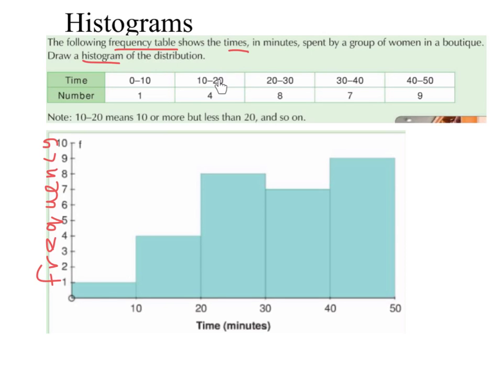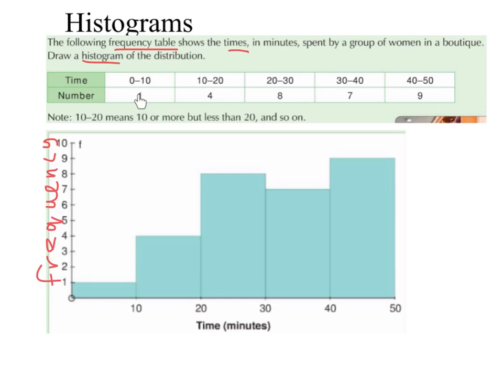And then the second number in our second column happens to be the first number in our third column, and so on. So it would be incorrect to have written from 0 to 10, and in the next one from 20 to 30, and so on, because if someone spent 11 minutes or 12 minutes, then there wouldn't be anywhere for them to go. So the second row shows the number of women.